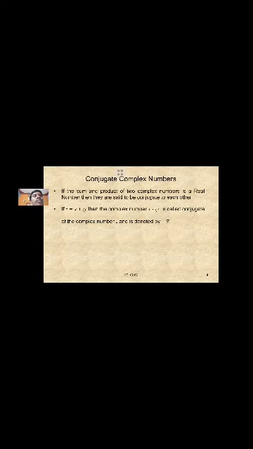Conjugate complex numbers. If the sum and product of two complex numbers is a real number, then they are said to be conjugate to each other.